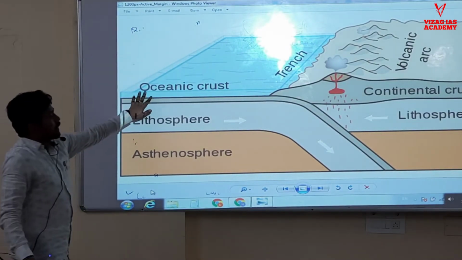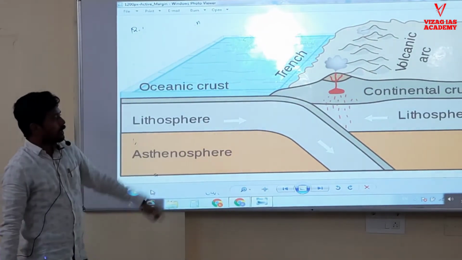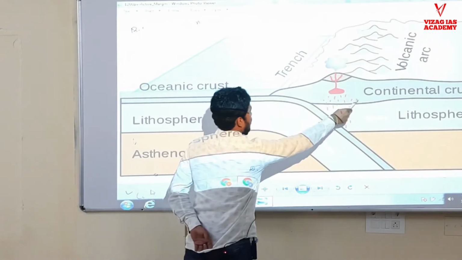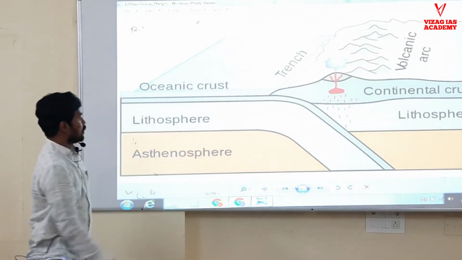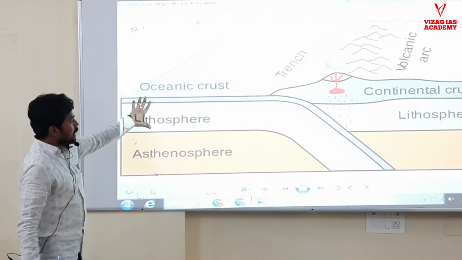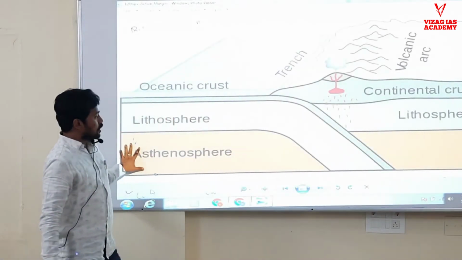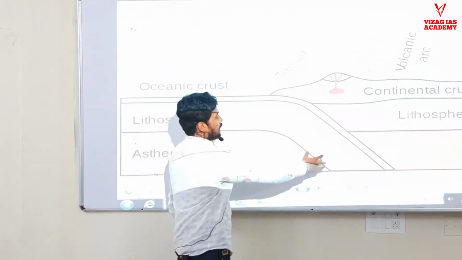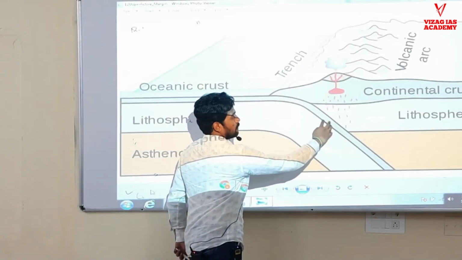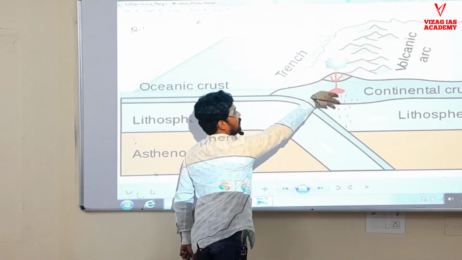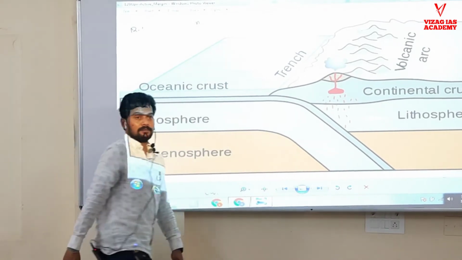This is the oceanic crust, this is a convergent boundary, and here is the continental crust, the continental lithosphere. This plate is moving this side. This is the asthenosphere. Whatever material is in the top portion here is getting melted and becoming a volcanic arc.